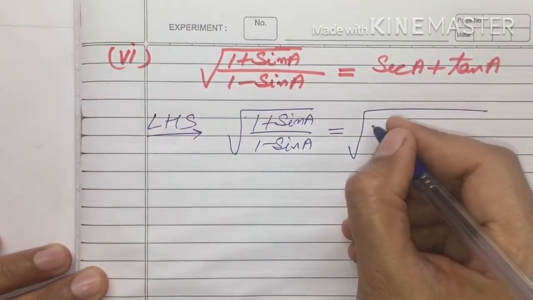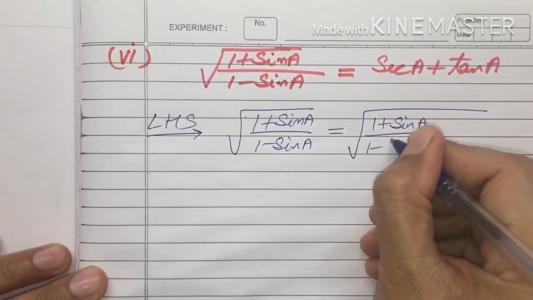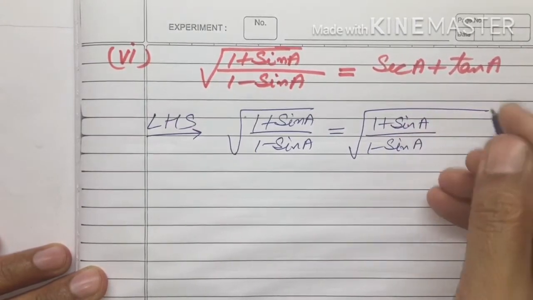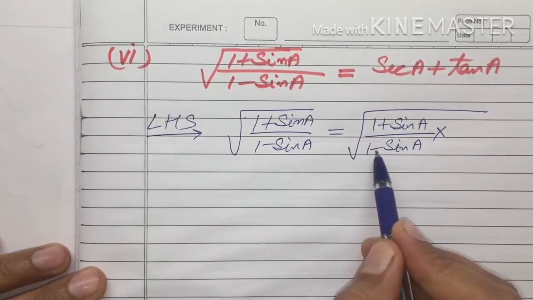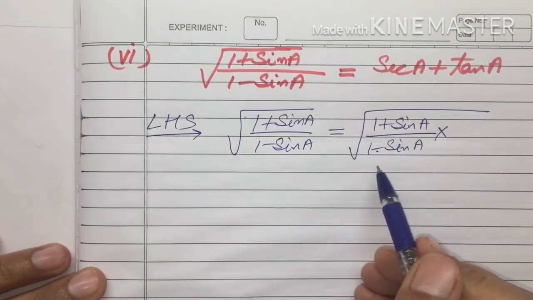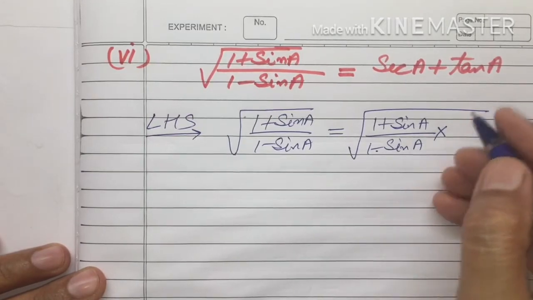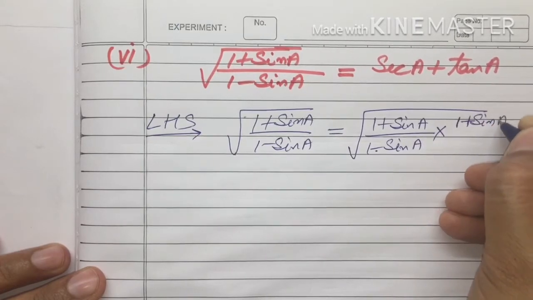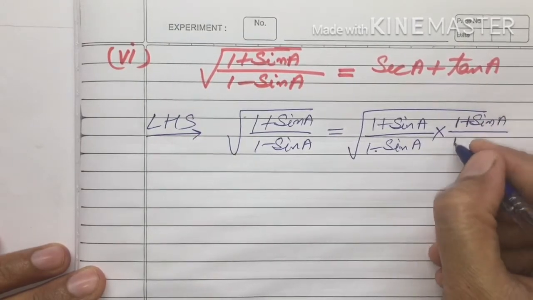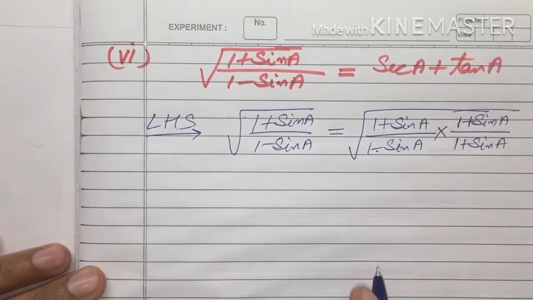Rationalize means, as we have discussed this concept in previous videos also, for the denominator part, the opposite of this sign we will multiply in the numerator and denominator. 1 minus sine is there, so I will change the sign: 1 plus sine A in the numerator and 1 plus sine A in the denominator, we have to multiply under the root.